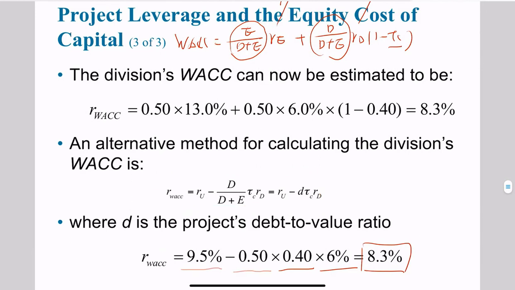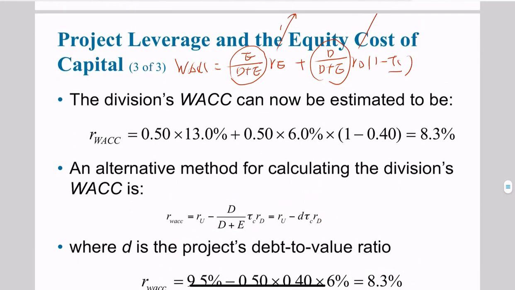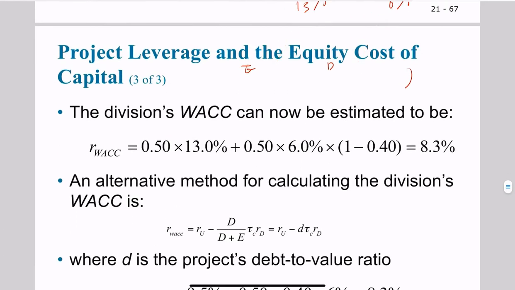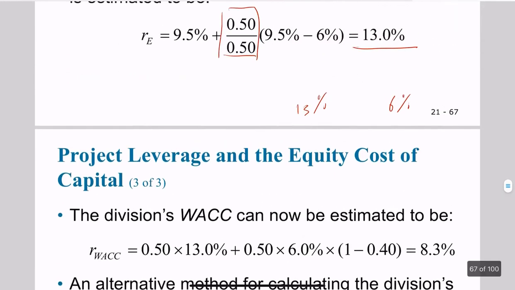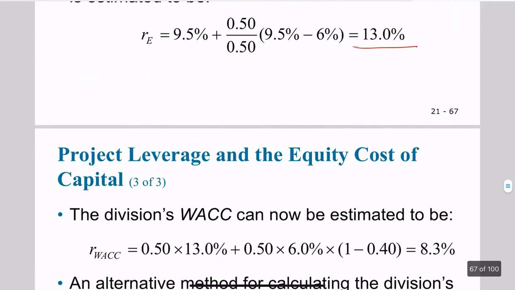Okay, I wanted to make some comments about the calculation here. Remember that the first step we use is the comparable firm analysis. And the purpose of the comparable firm analysis is to find out these comparable firms' unlevered cost of capital.